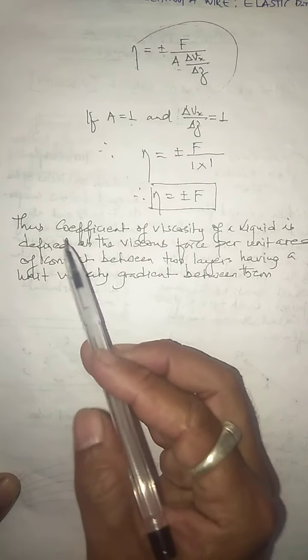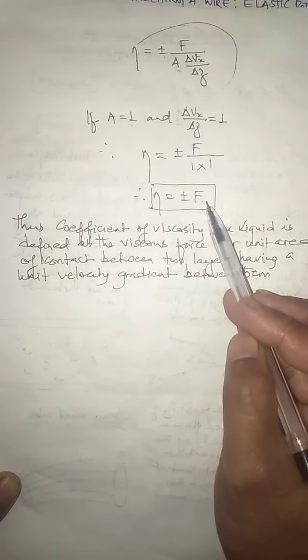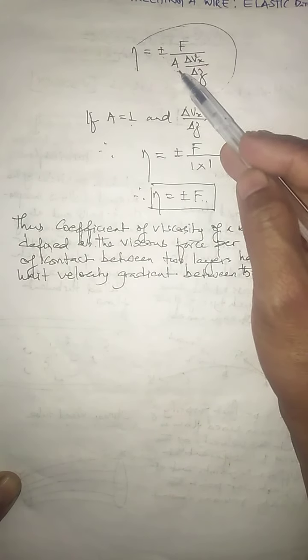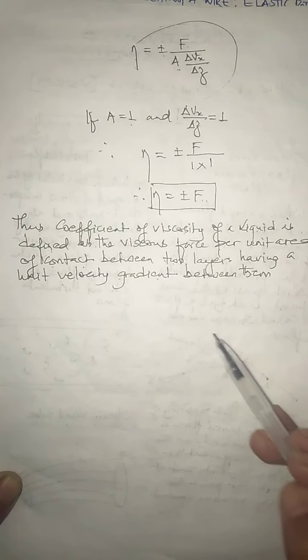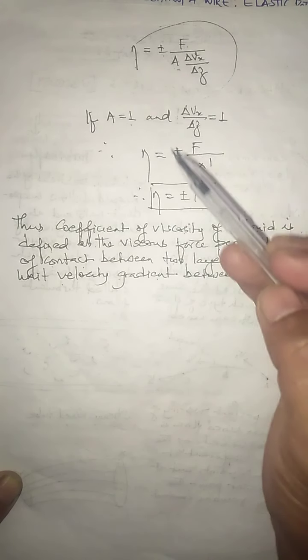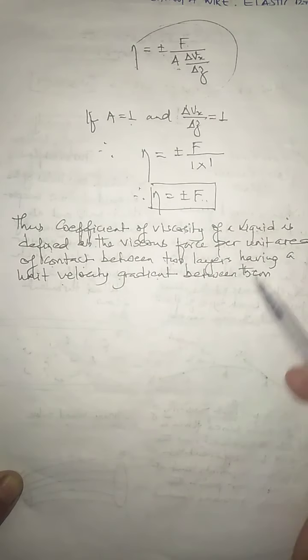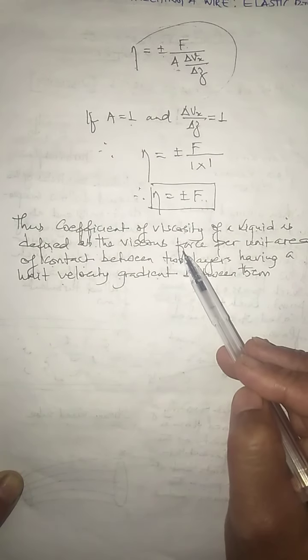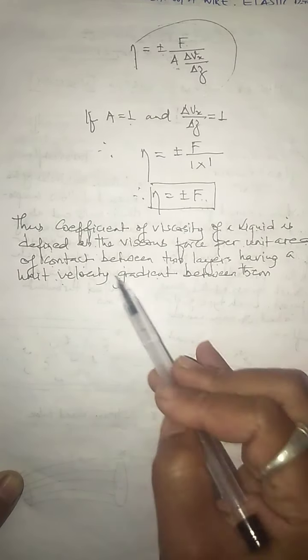So for the definition, we can write that the coefficient of viscosity of a liquid is defined as the viscous force per unit area of contact between two layers having a unit velocity gradient between them. When two layers are in contact with unit area and have unit velocity gradient between them, the coefficient of viscosity equals the viscous force per unit area of contact.